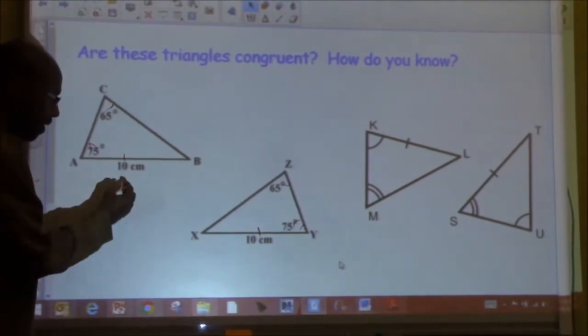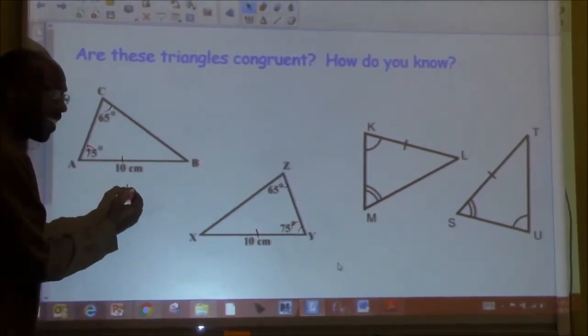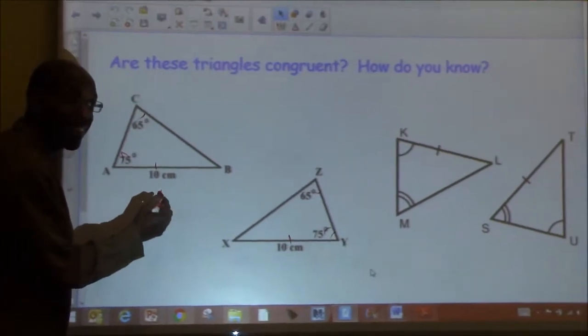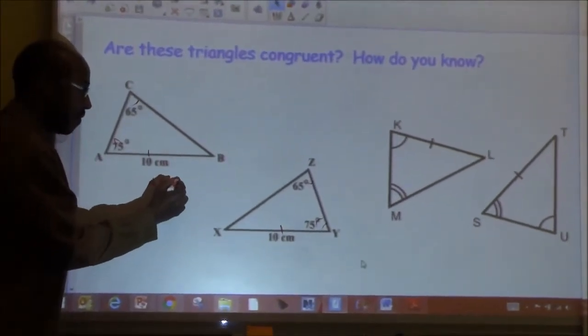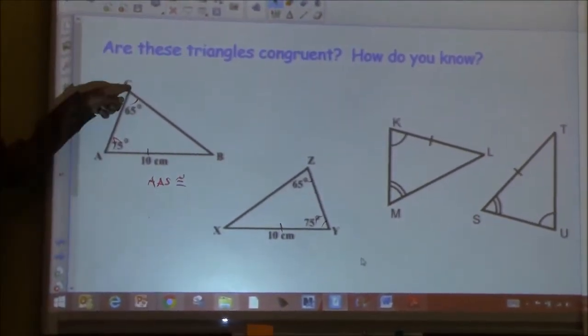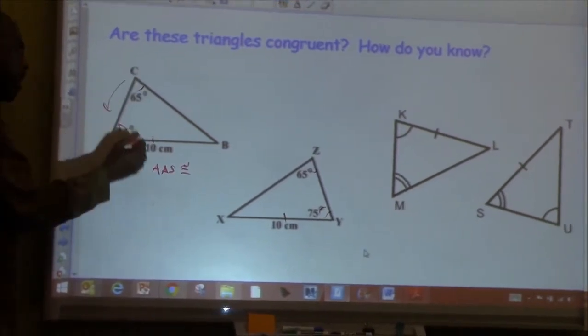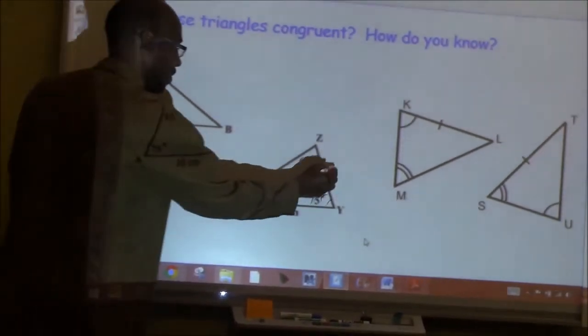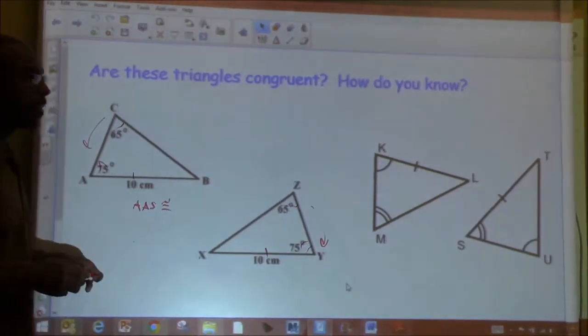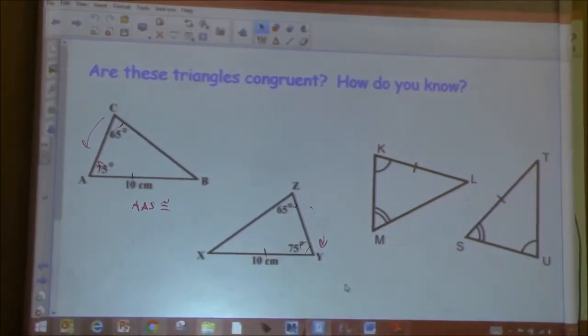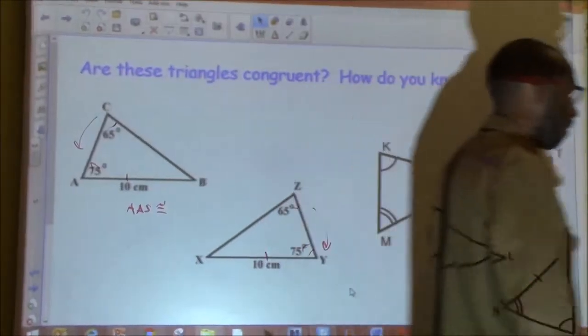If you wrote in pen, that should teach you a lesson. What'd you say? AAS? Congruencies. Angle, side. When you start, you gotta go around whatever direction. And his friend over here, he's the same thing. All right. What page are we on?